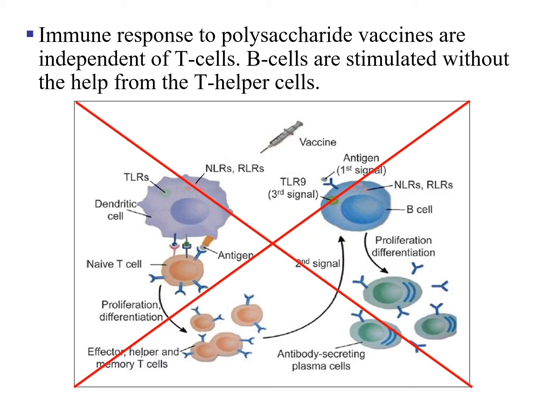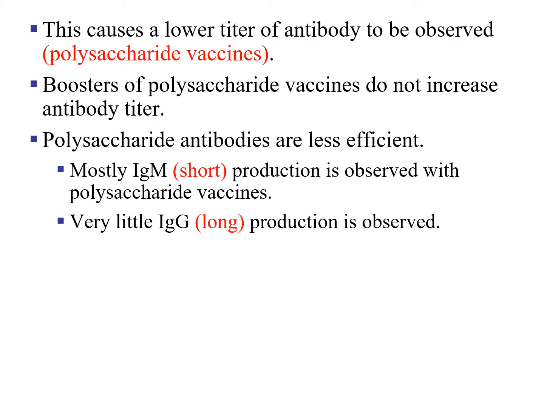So the B cells are stimulated without the T helper. Because you do not activate the T helper cells, this is going to cause a lower titer of antibodies to be observed when using the polysaccharide vaccines.